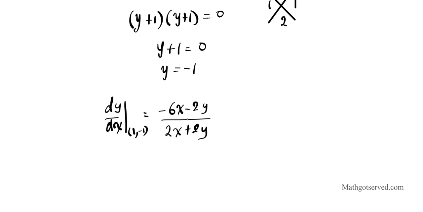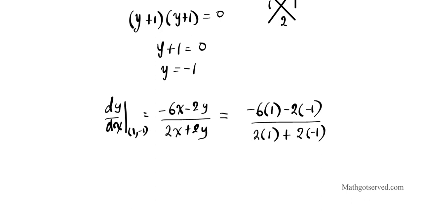We're going to plug in these values and see what the derivative is. So it's going to be negative 6 times 1 minus 2 times negative 1 over 2 times 1 plus 2 times negative 1.